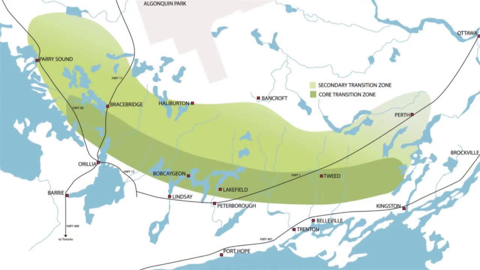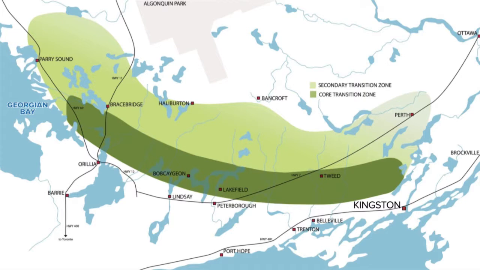So when you overlay it with a much more simplistic map, you can see that from an ecological perspective, the transition zone is fairly broad, across from Georgian Bay over here to roughly Kingston over here.